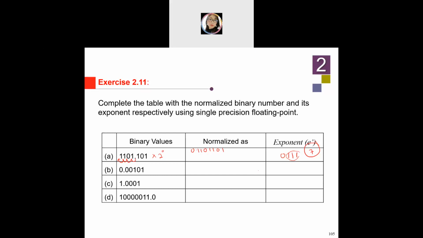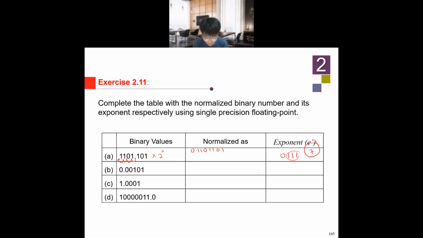I think the exponent needs to be 8 bits, and the exponent maybe is 3. Exponent is 3, 8 bit, 00000011.